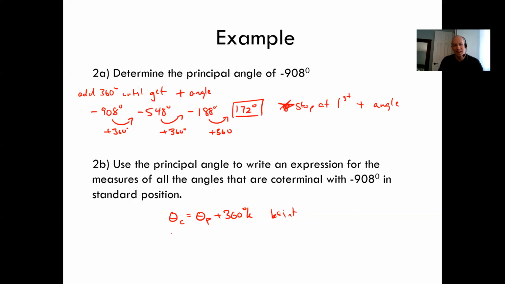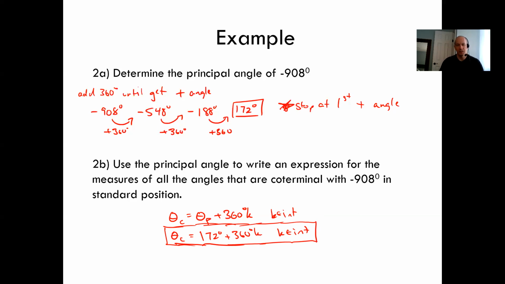That's important. And then we say the coterminal angles are therefore 172 degrees plus 360 K, where K belongs to the integers, would be my specific answer for this specific question. And that's it, well, for this slide.